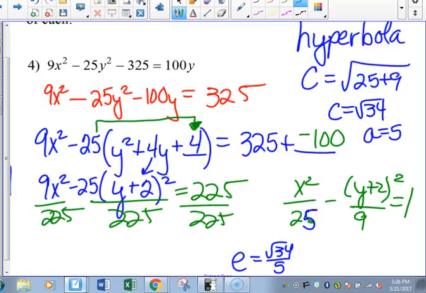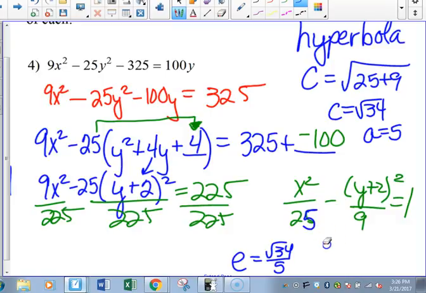Now, if it's an ellipse, start over because you find C by subtracting, not adding. And A is always the bigger of the two, not necessarily the positive one because they're both positive anyway. Better? Okay. Anything else you want me to do? But they're both positive in theory.